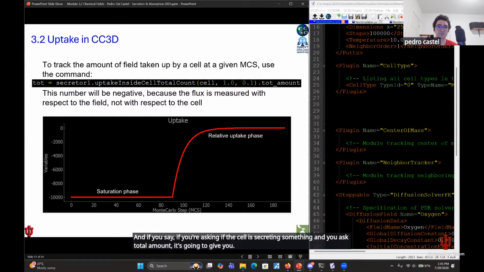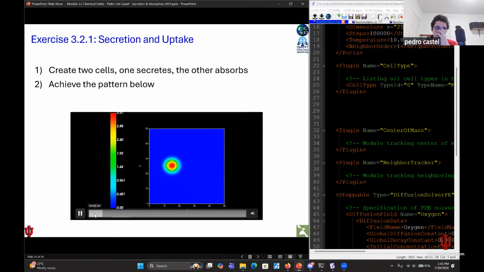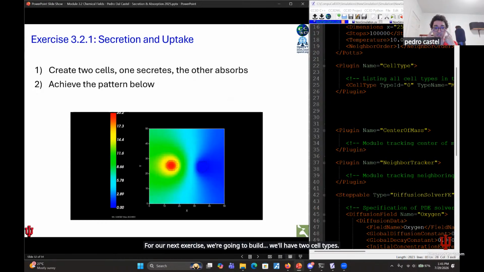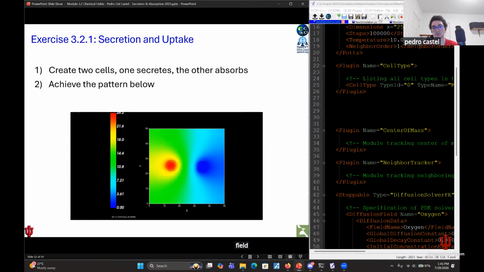For our next exercise, we will have two cell types. They are frozen, not moving, one on the left and one on the right. One cell is secreting a field and the other cell is absorbing it.